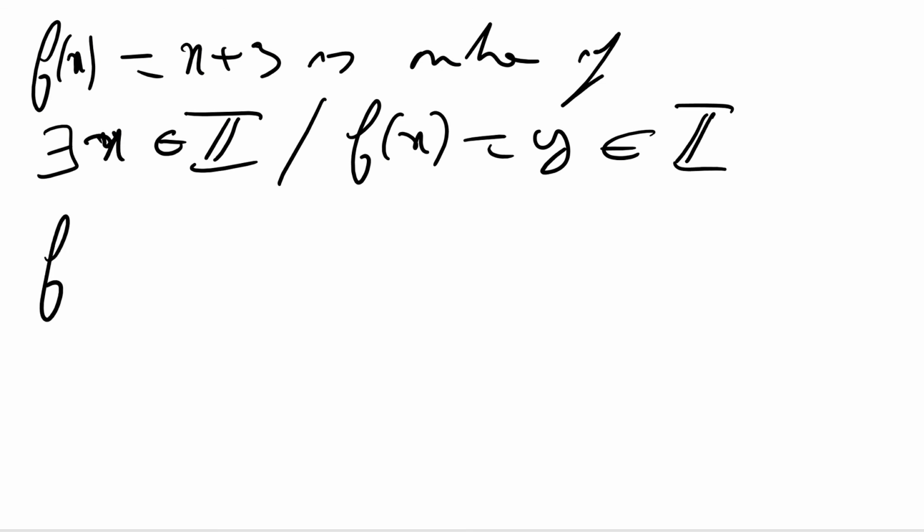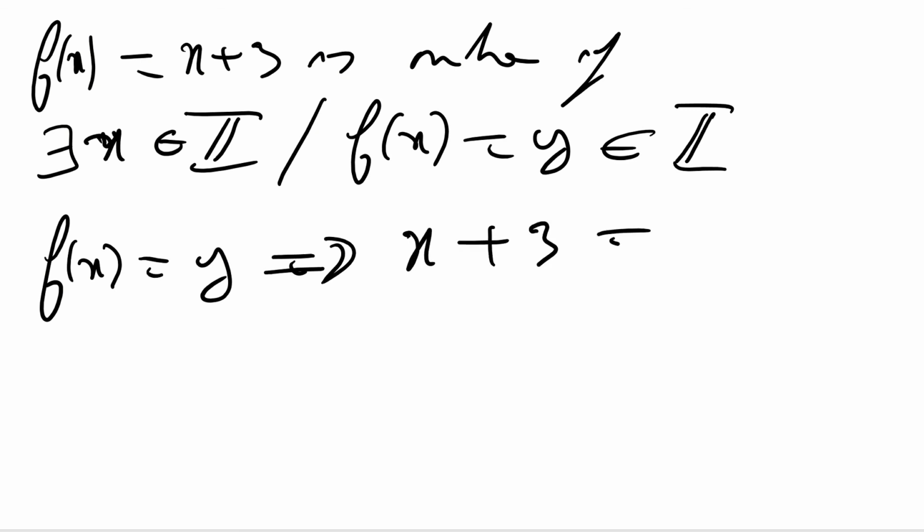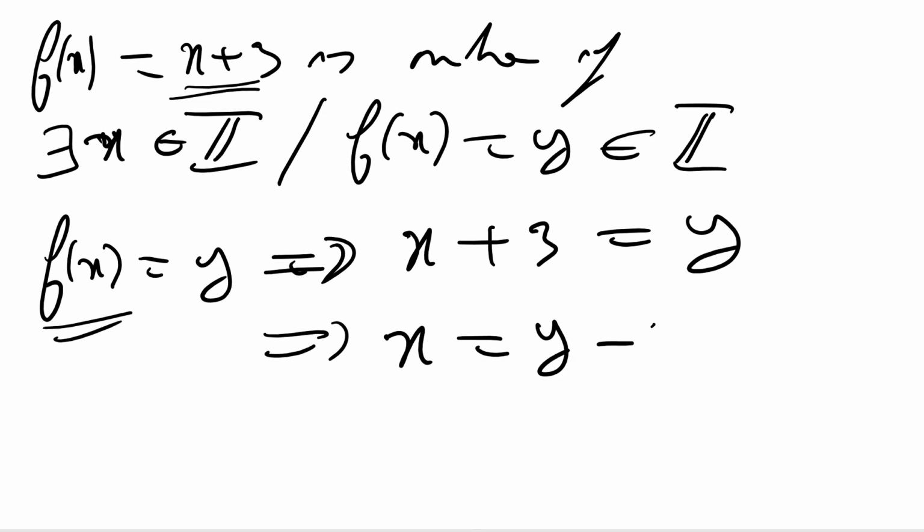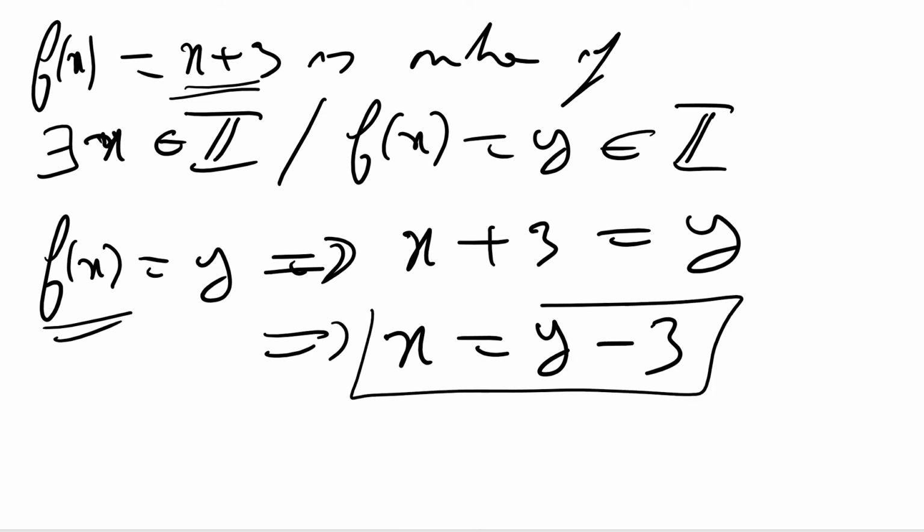So I said that f of x equals y. This implies, as I said, that we solve this for x. This implies x plus 3 equals y, because f of x is this expression. This implies then that x equals y minus 3. So I get x, which is this.